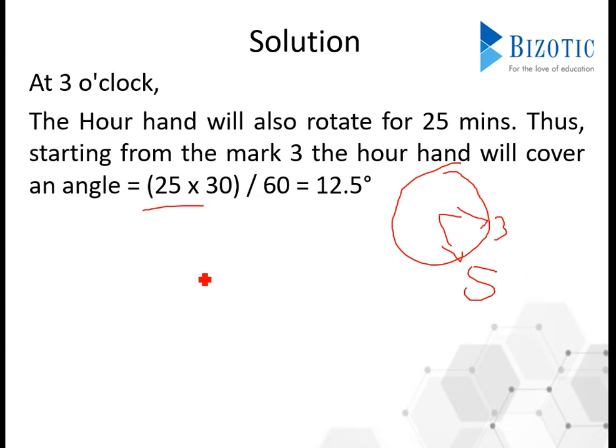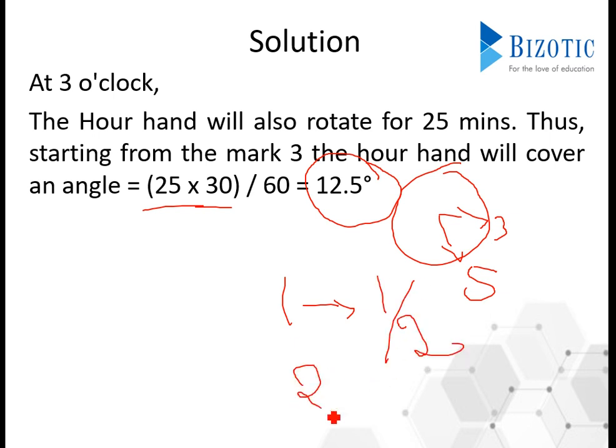For 25 spaces, the minute hand will be moving 30 degrees divided by 60, which will give us 12.5. You can calculate this way, or for one space the hour hand will be moving 1 by 2, so for 25 spaces the hour hand will be moving 12.5.